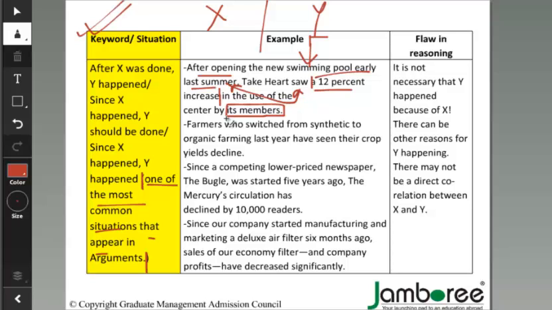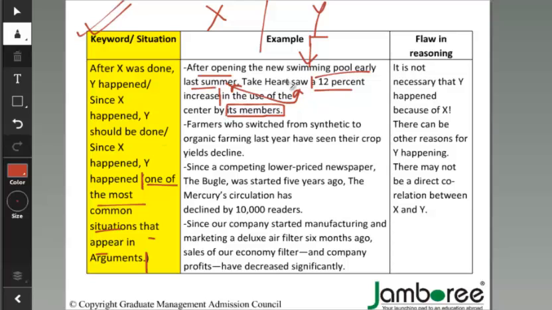But without a preceding statement saying that the members wanted or requested it, or that they were not going to Take Heart as often because there was no swimming pool, or that the members were going to some other country club for a swimming pool. So unless we have consecutive statements giving you a reason connecting these, you should question it.